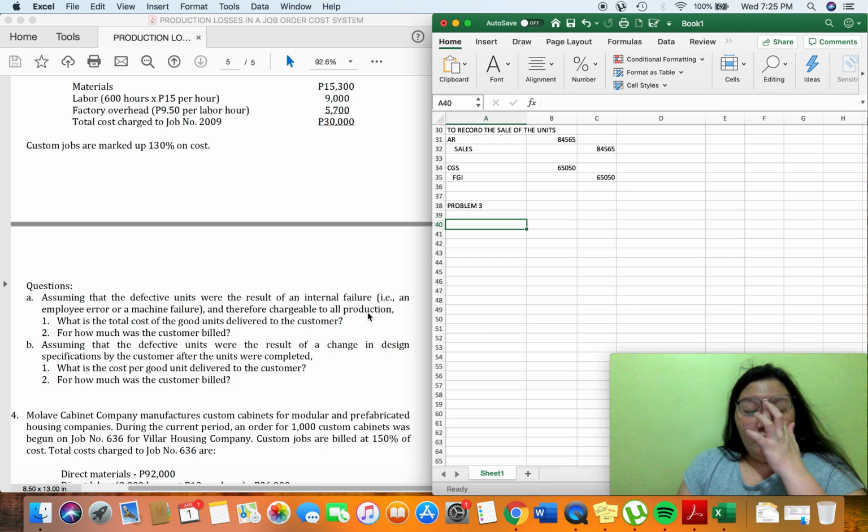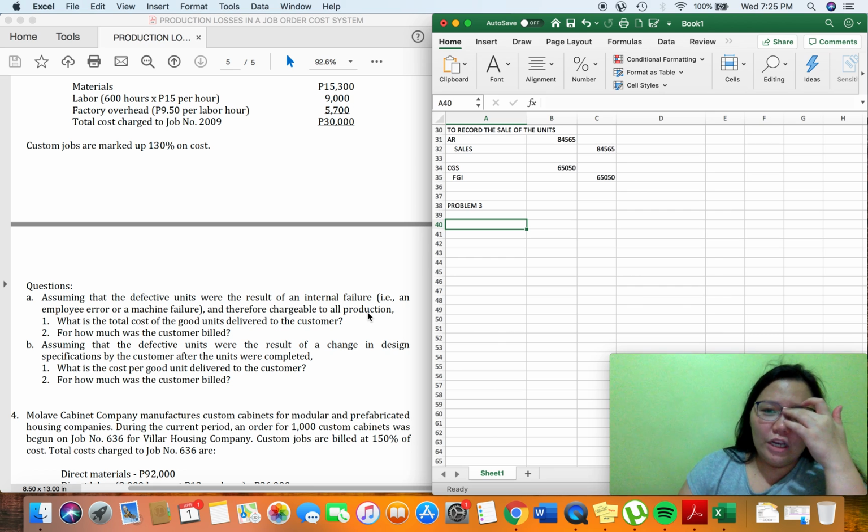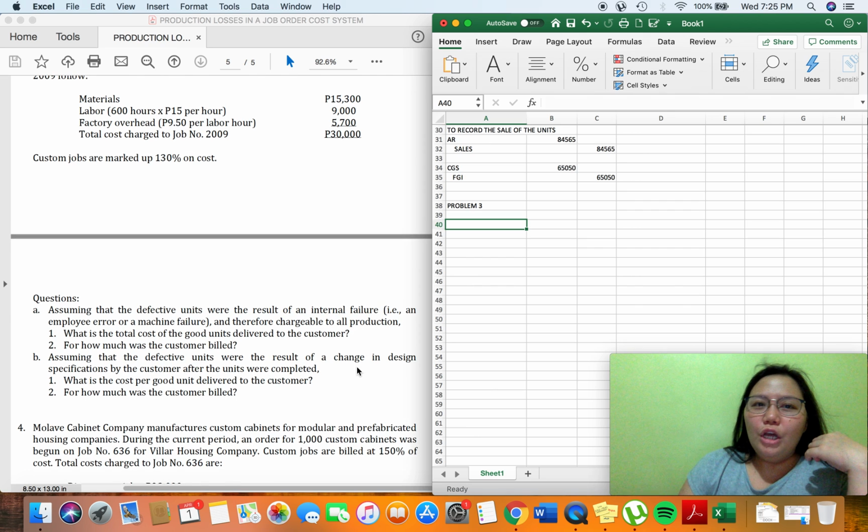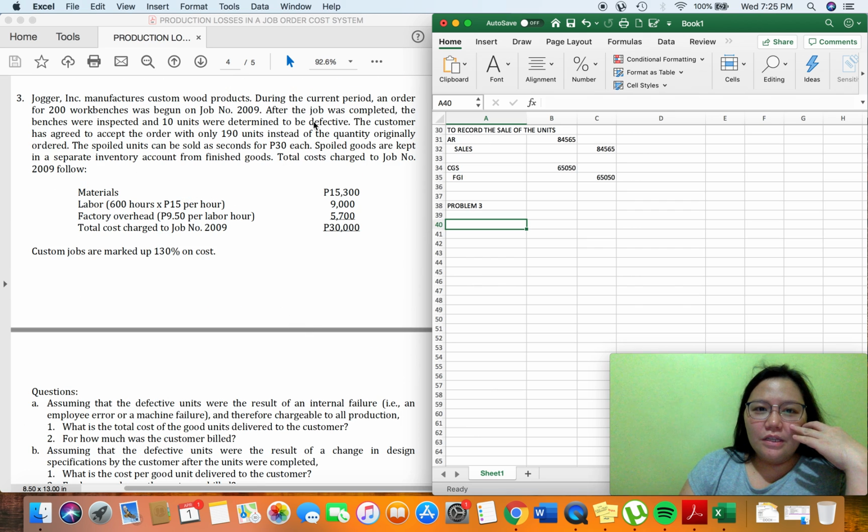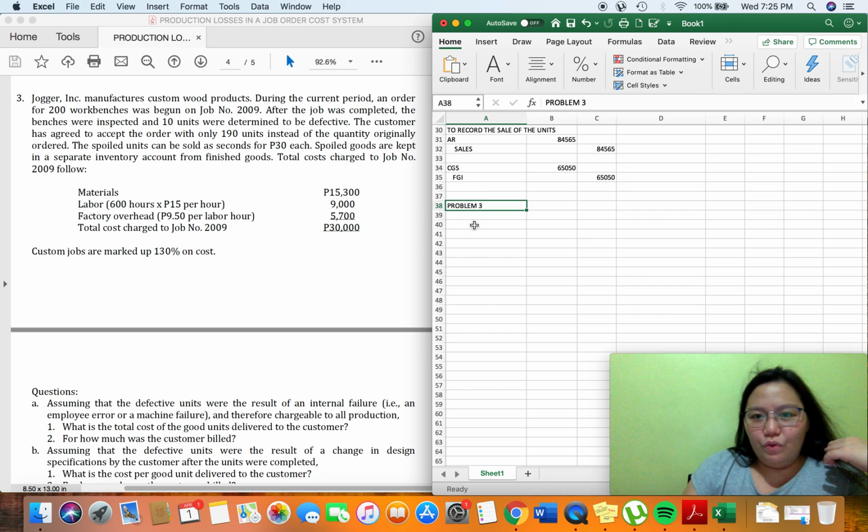So, for now, problem 3, medyo hindi na confusing, pero in the first part kasi, nilagay niya doon defective. But upon reading the problem further, di ba, sabi dyan, the spoiled units daw will be sold as seconds for 30 pesos each. So therefore, we have a spoilage for problem 3 and not defective units.